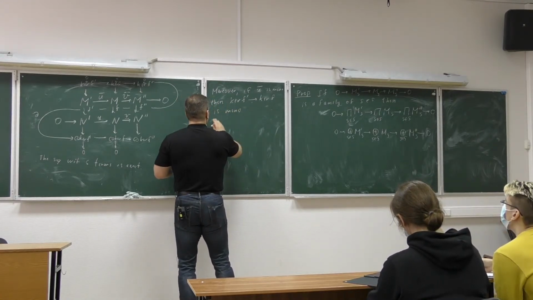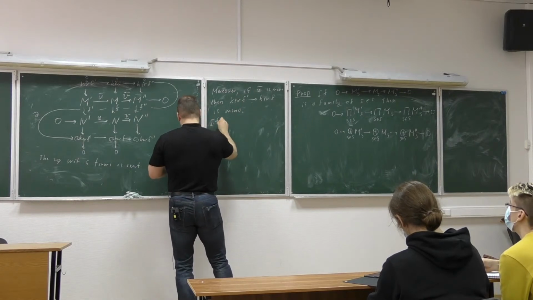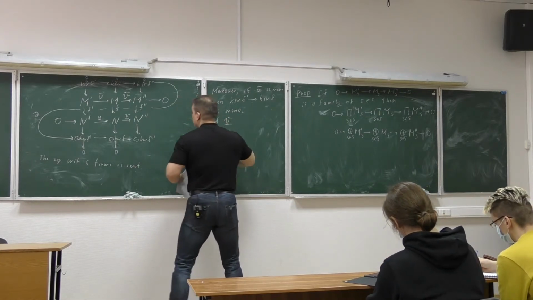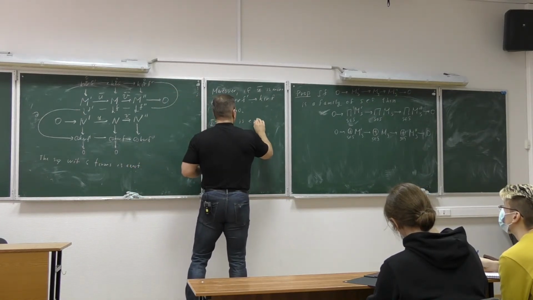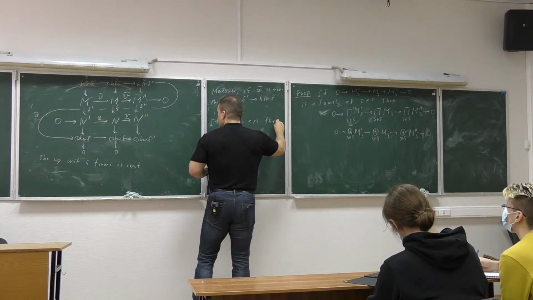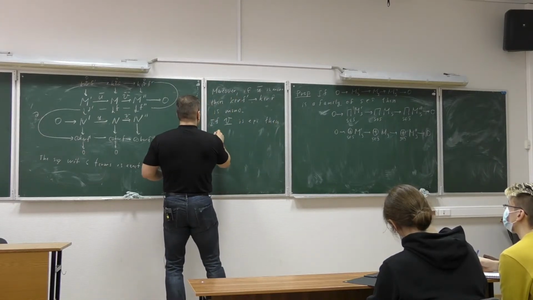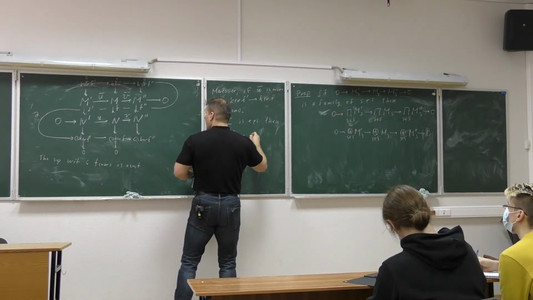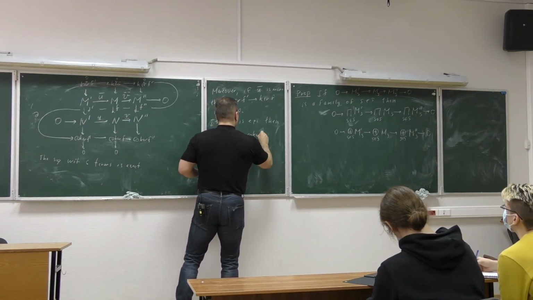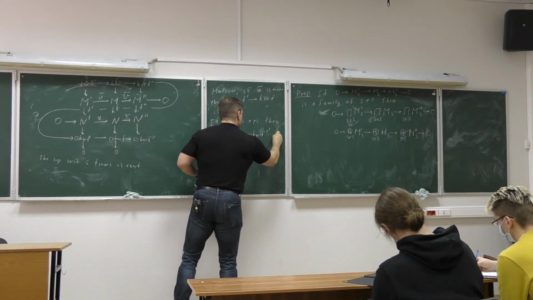And if V underlined is epi, then the corresponding map on the kernels is epi.